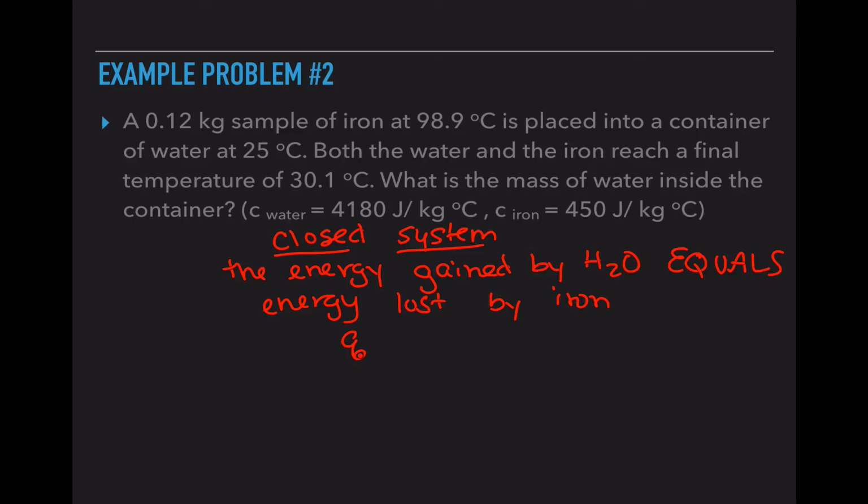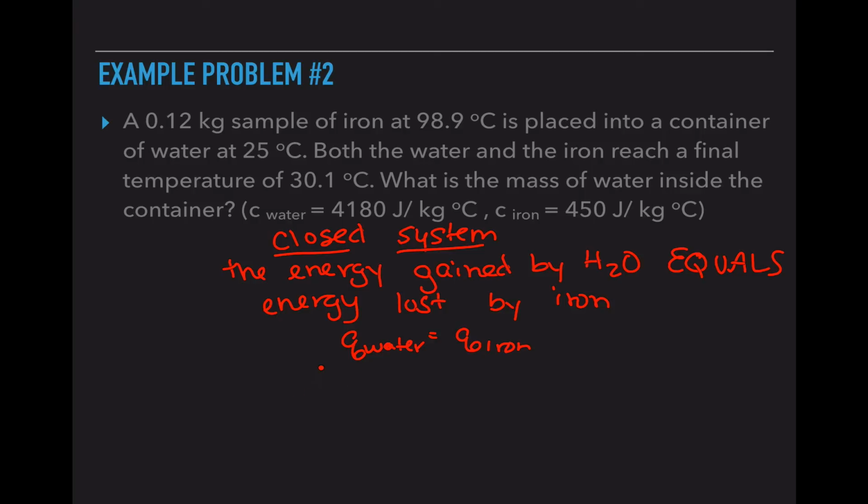That means the Q of the water equals the Q of the iron. So what I can do is actually take this relationship and take our Cm delta T's and set them equal to each other.